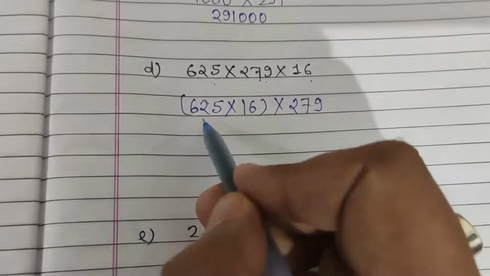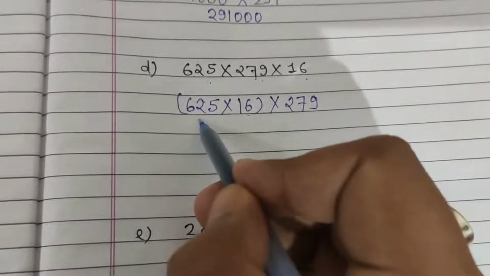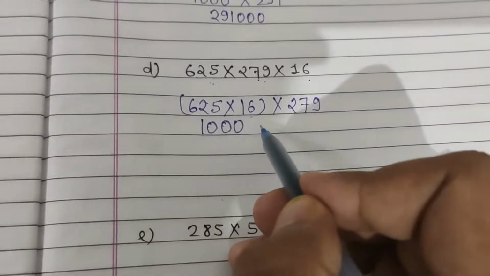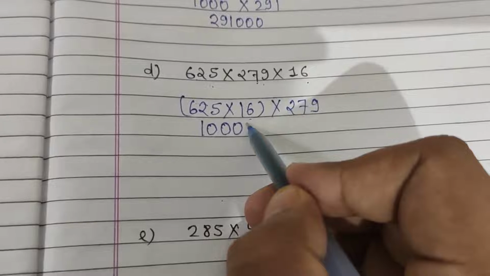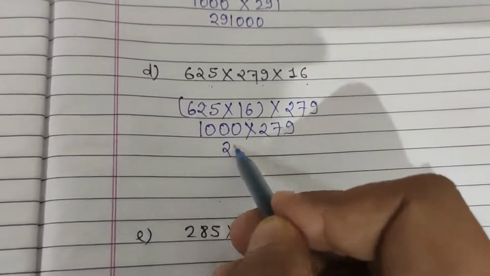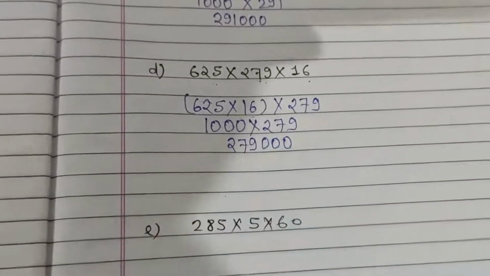When 16 multiplies 625, our answer will be 1000. Then multiply 279, and the answer is 279000.